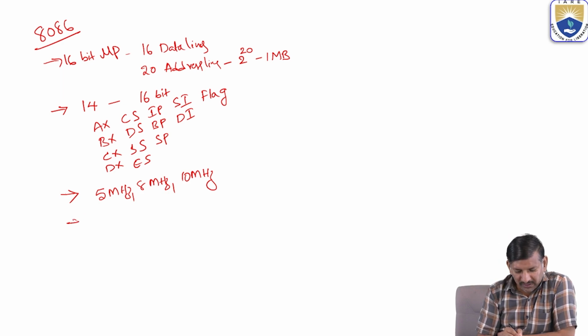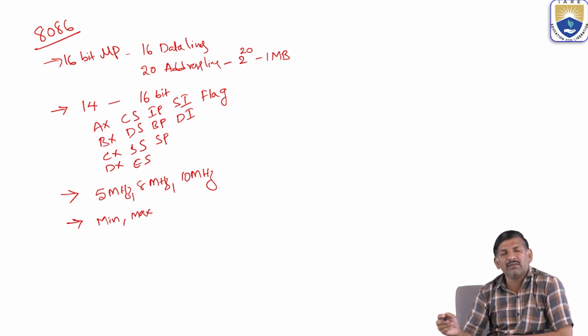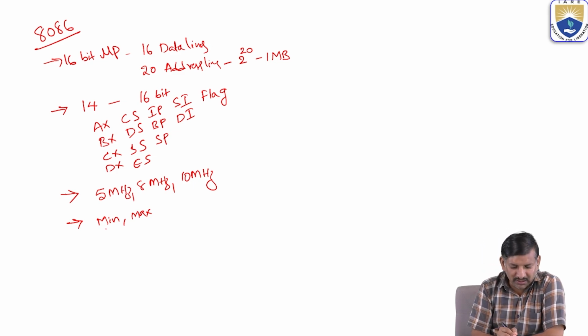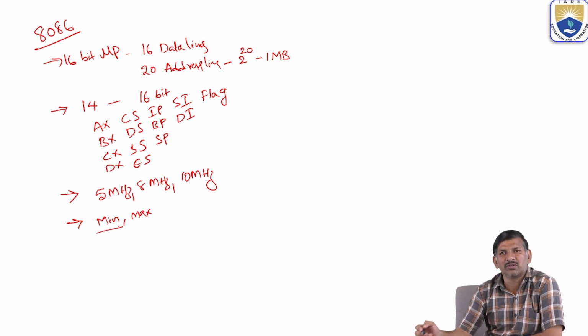So it is operated in minimum mode and maximum mode. Means whenever 8086 does the operations by itself, like arithmetic and logical, whatever may be, the operation is performed by 8086 itself, at that time 8086 is operated in minimum mode.